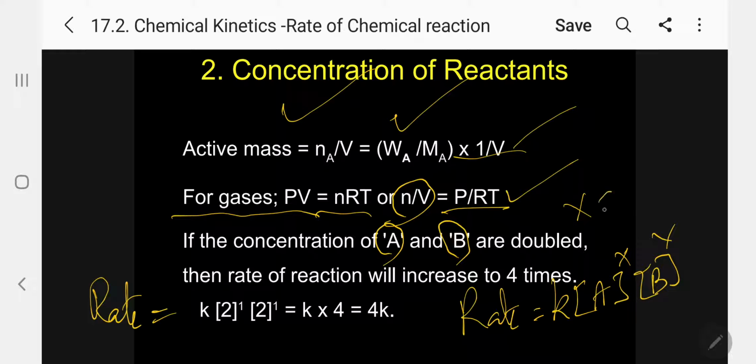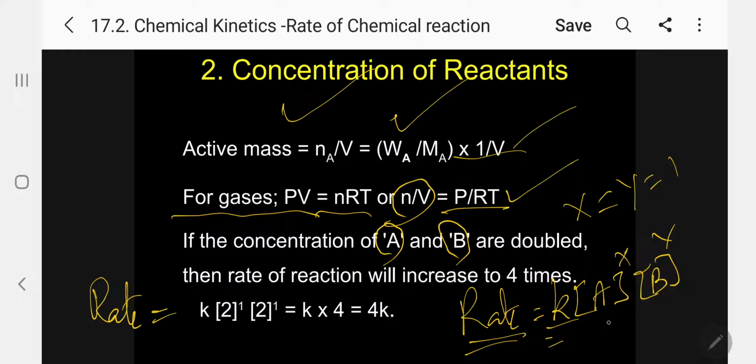Here x equal to y equal to 1. Assume that. If A equal to 1, B equal to 1, then rate constant equal to rate.